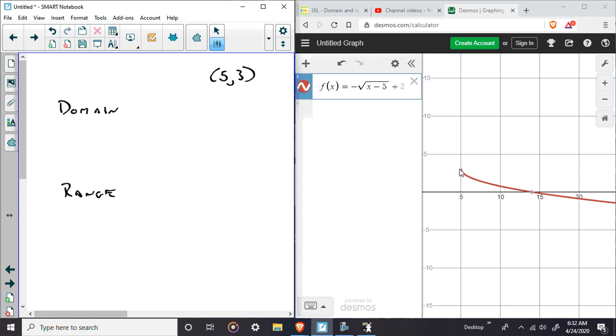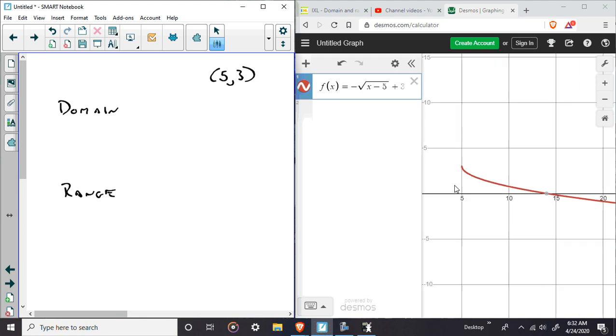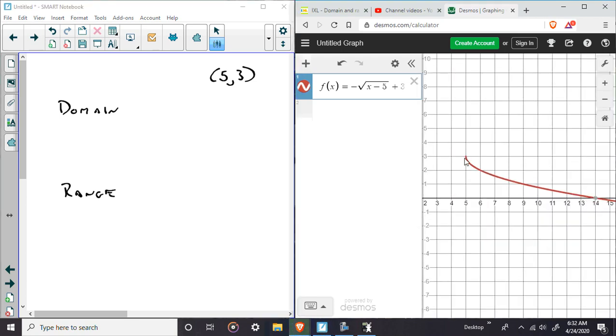Anything bigger than 5 is good, right? But now we need to take a look, though. Yes, from 5 on up is good for my x values, but my y values are actually going down, right?